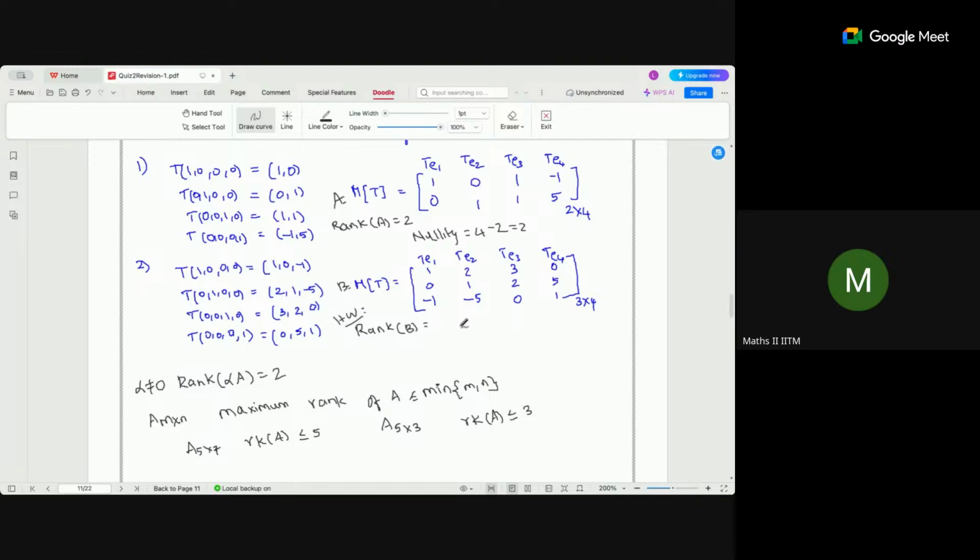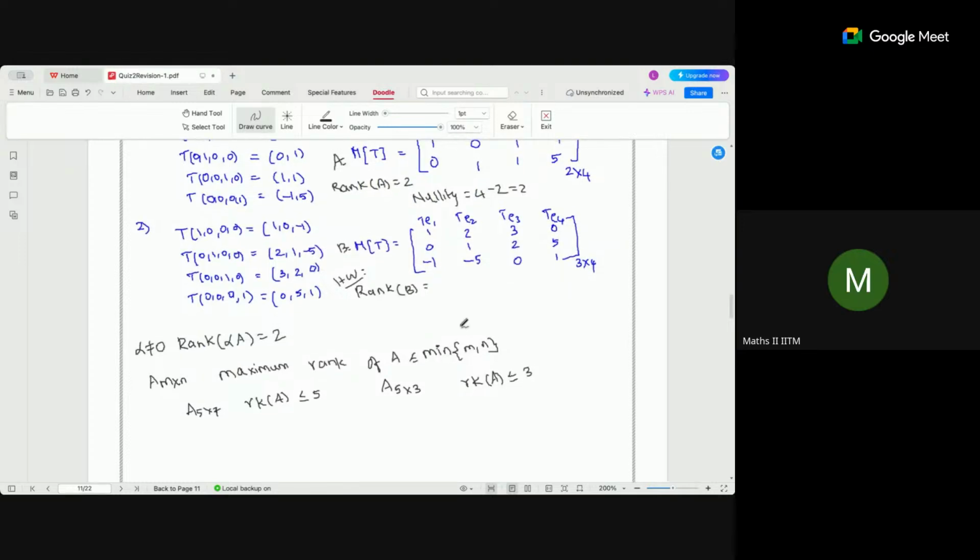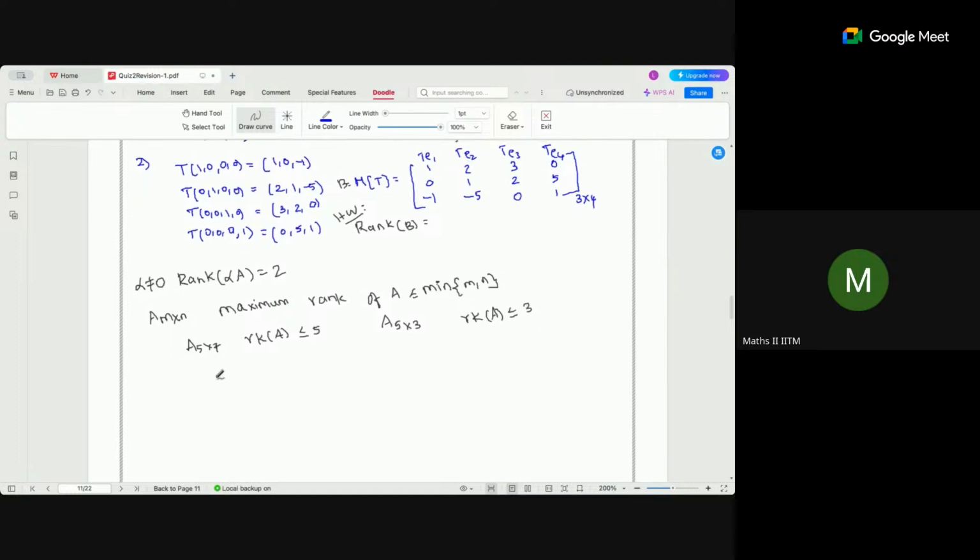So now what is the minimum possible nullity? I'm taking this example or any 3 by 4 case. You know that the maximum rank is 3, so it can be either 2 or 1. Let us say A is a non-zero matrix, so the rank cannot be 0. So it is 3, 2, 1.